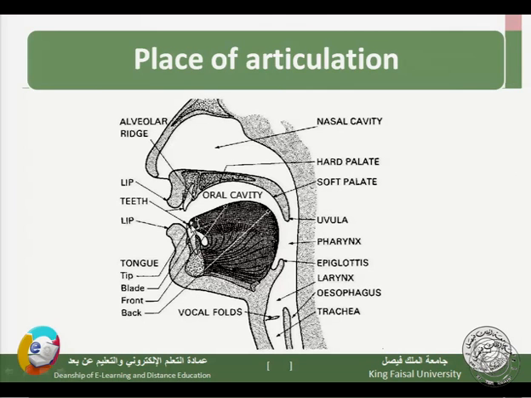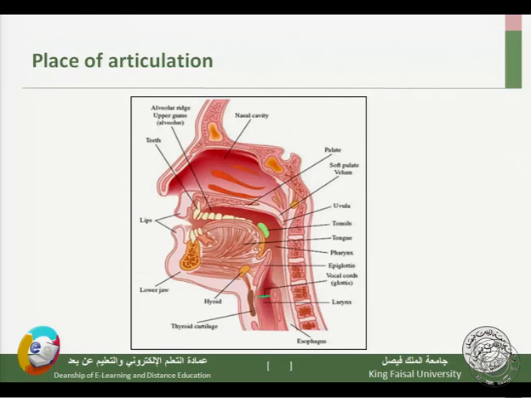The part just behind the tip is called the blade. Just behind the blade is the front part, and then the back part of the tongue. So the tongue is divided into 4 parts here: tip, blade, front, and back.